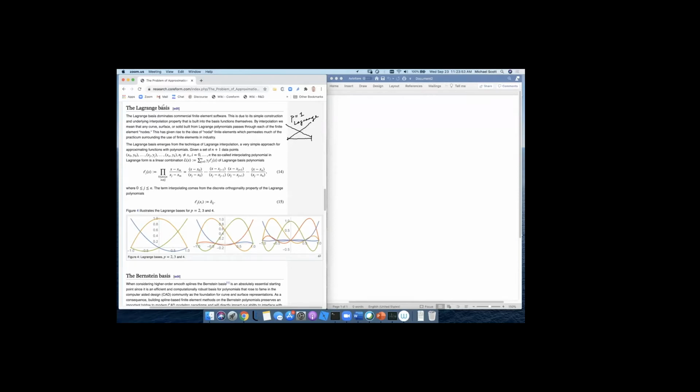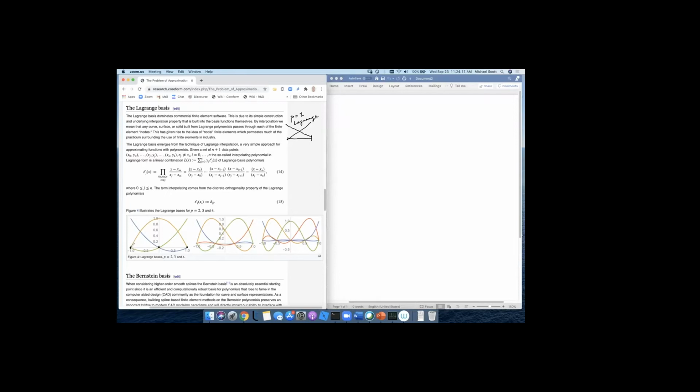The Lagrange basis is a clever way of constructing an interpolating polynomial, where at a discrete set of points, let's say these 3 points, look at what happens to these functions.